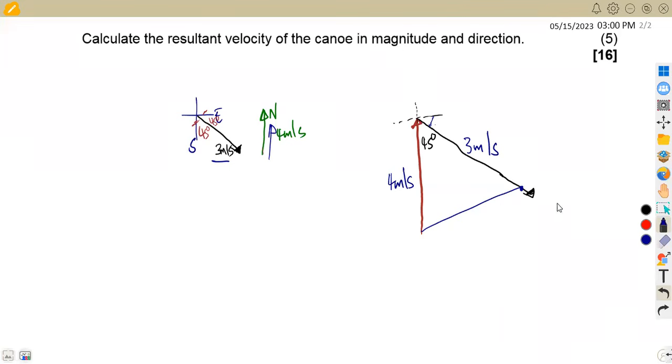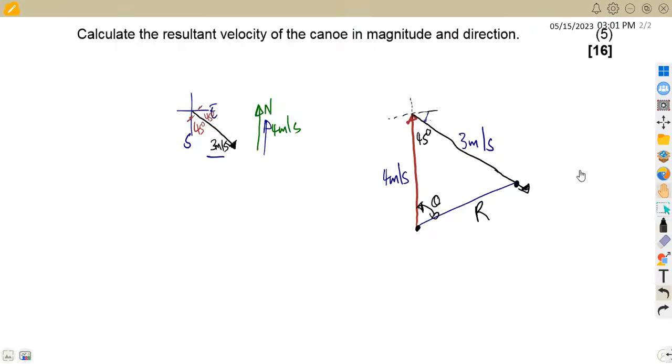So the resultant is therefore going to be from this point up to this point. That's our resultant, and what we need is to know the direction, that is the angle theta. You can refer to this as theta or as alpha, whichever you are comfortable with.